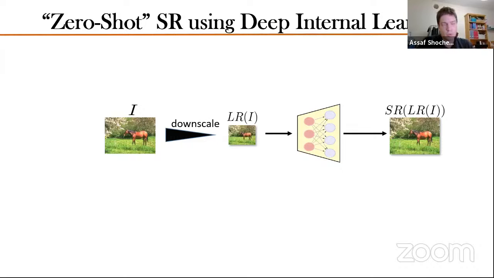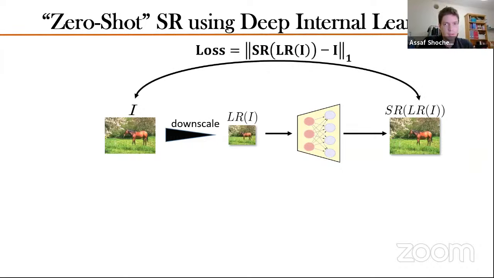To make sure that it does, we're going to train it in this autoencoder-like fashion, so that our goal is just reconstructing the original input image from the downscaled version of it. We're just using this very simple L1 loss for it.